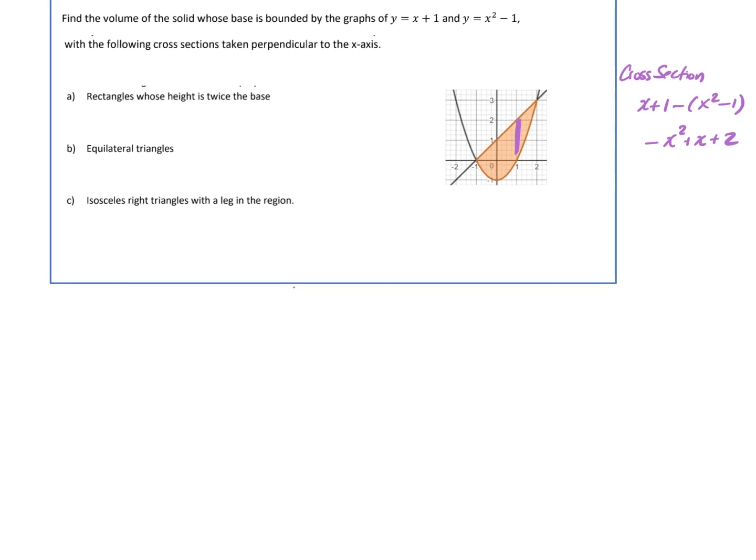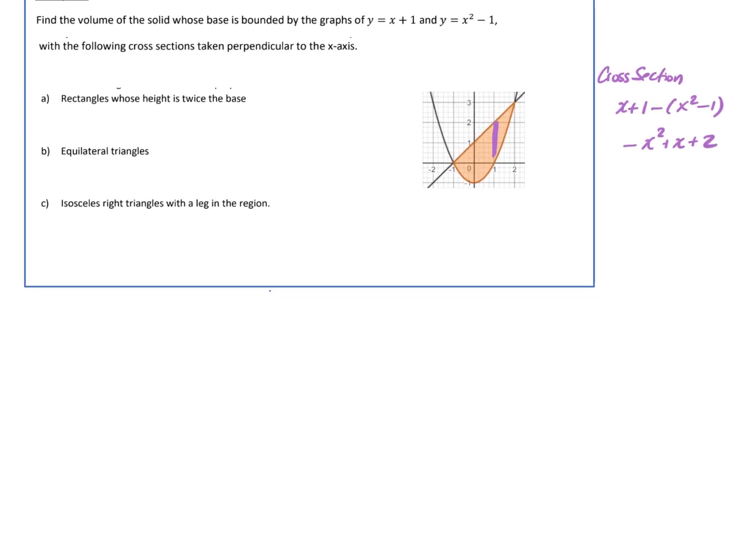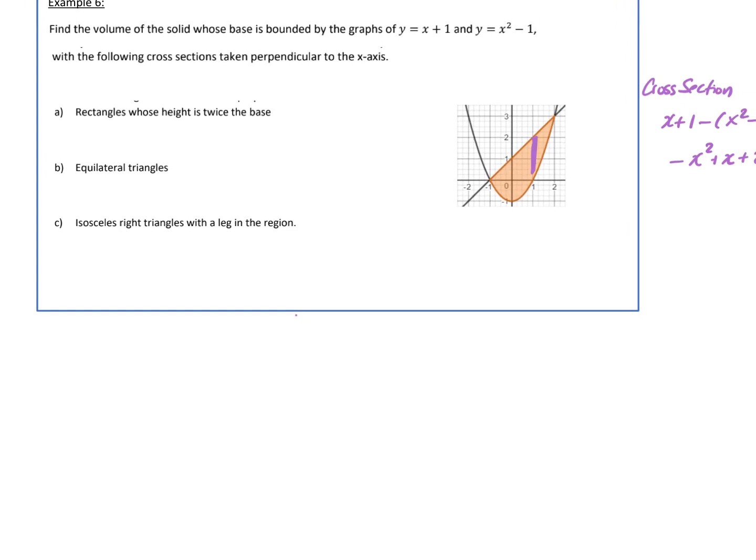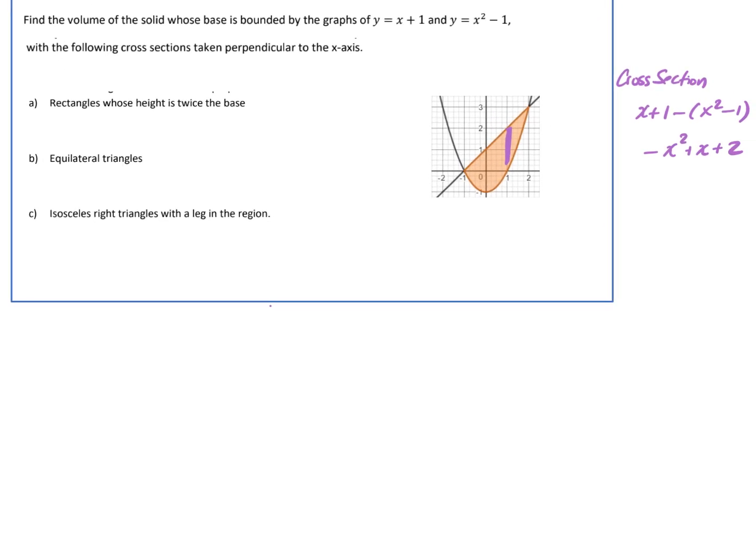So the rectangle whose height is twice the base. So we said the base is going to be the distance between the curves. So the base is negative x squared plus x plus 2. Then the height is 2 times the base. So 2 times negative x squared plus x plus 2.